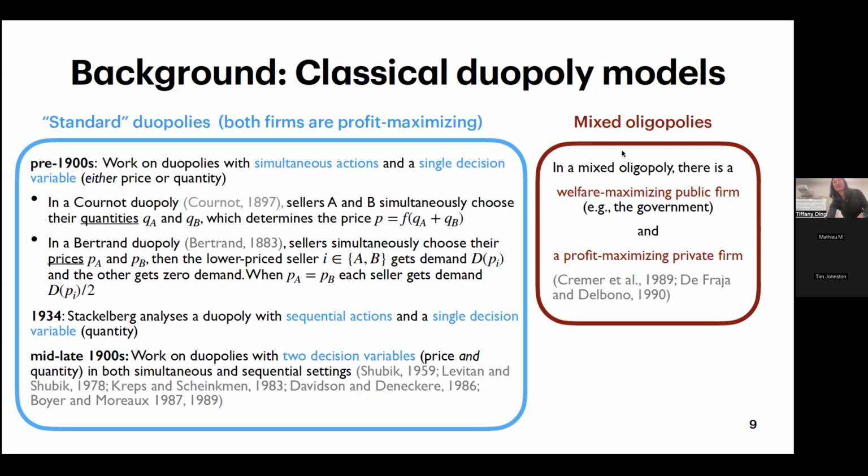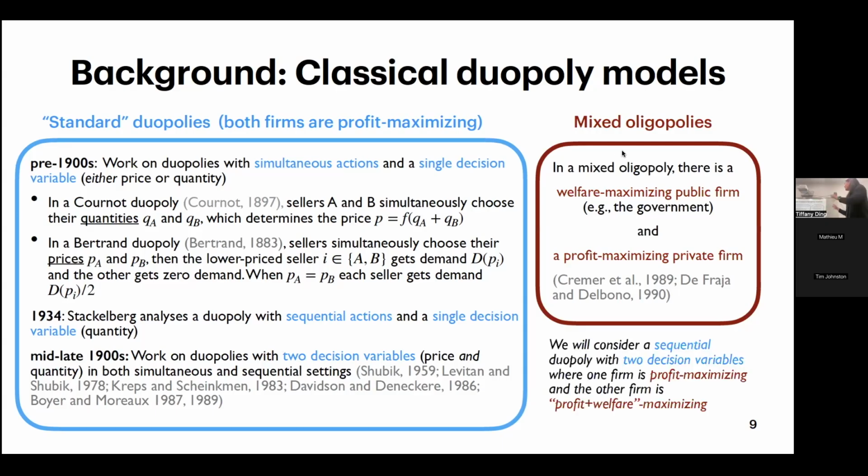Our work connects to all of this by considering a sequential duopoly with two decision variables, price and quantity, where one firm is a profit maximizing private firm, and the other, you can think of Amazon, is maximizing some combination of profit and welfare. As a marketplace operator, you want to make money, but you also care about the health of the marketplace, which is connected to the welfare.